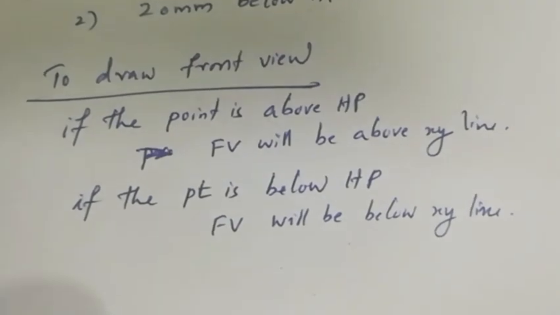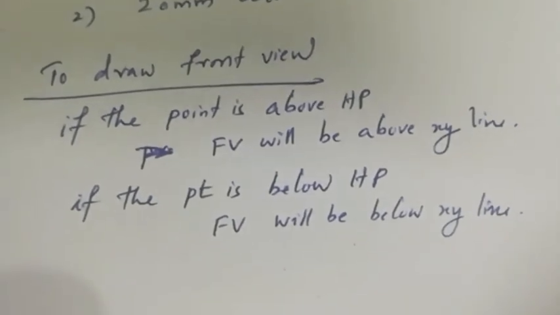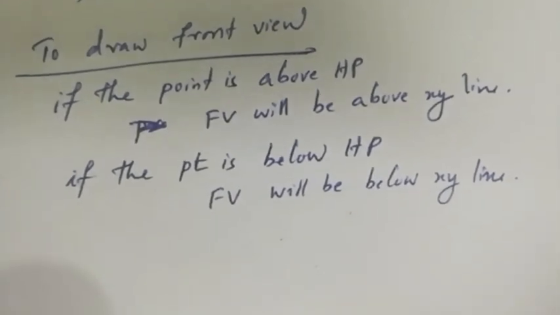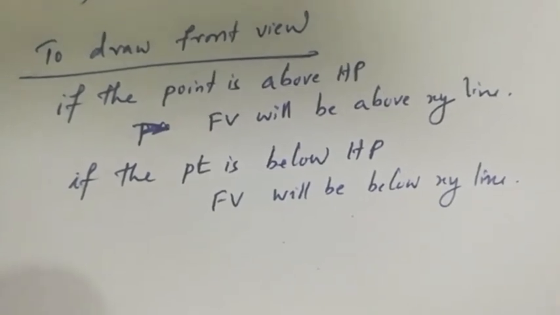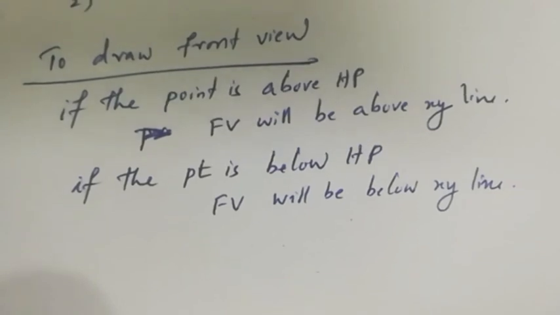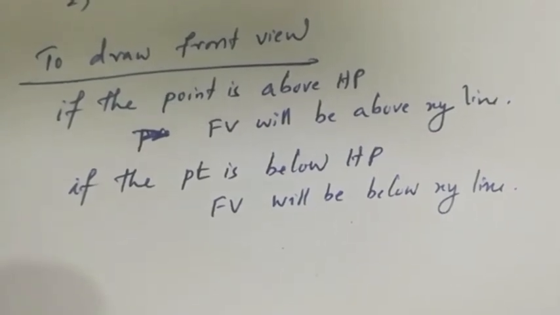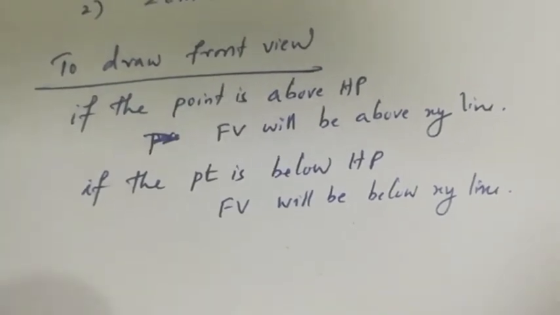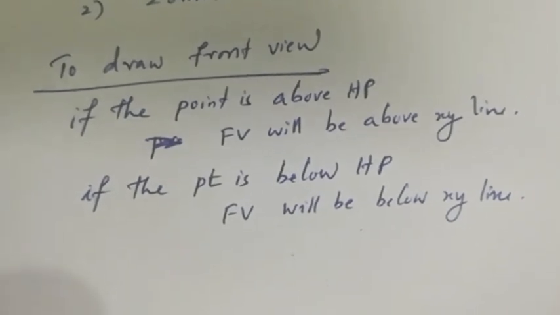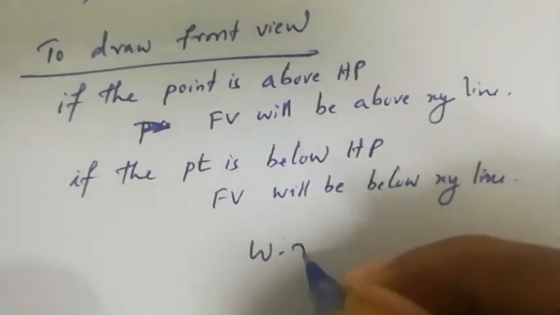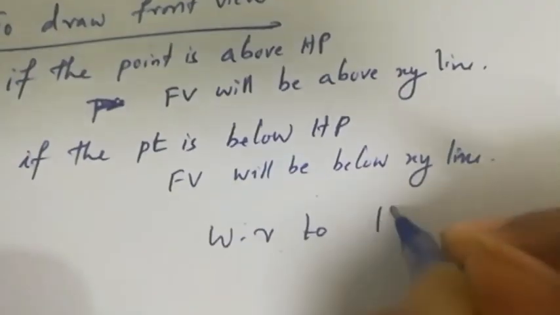In short, to draw the front view, if the point is above HP, front view will be above XY line. If the point is below HP, front view will be below XY line. So to draw the front view, we need to know the distance of the point with respect to HP only.